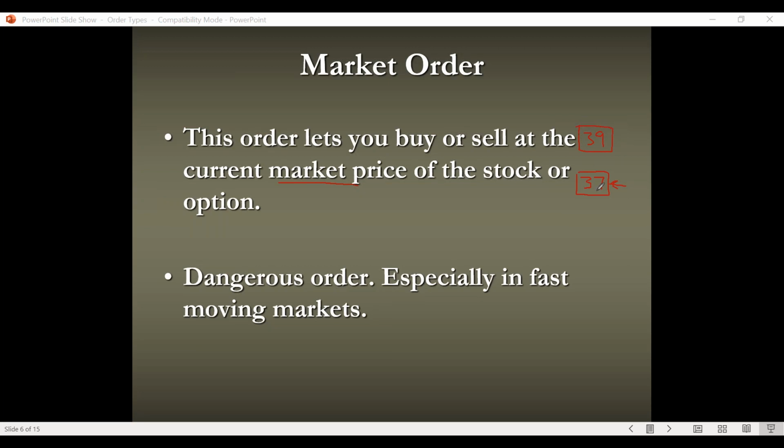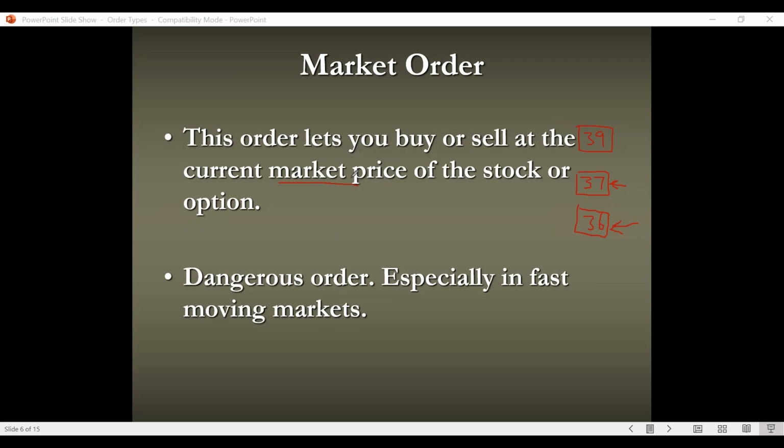Well, the current price went up as you were walking to the check stand, and it's $39, and you just paid that higher price. Now, the opposite could happen too. You could have seen $37 on the shelf, and as you're walking up to the check stand, the price could have gone down to $36, and you said you want to buy it at whatever the current price is. Well, the current price is $36, and you bought it at $36.